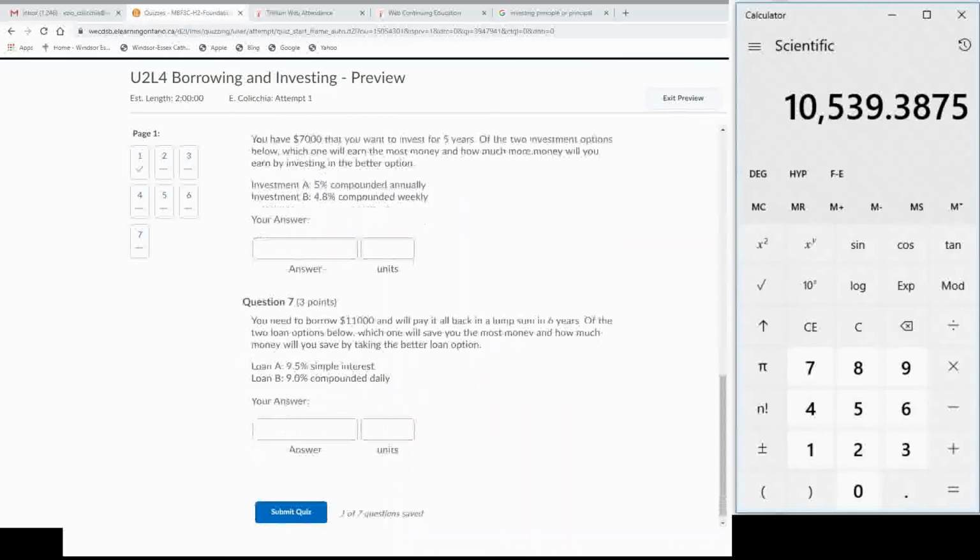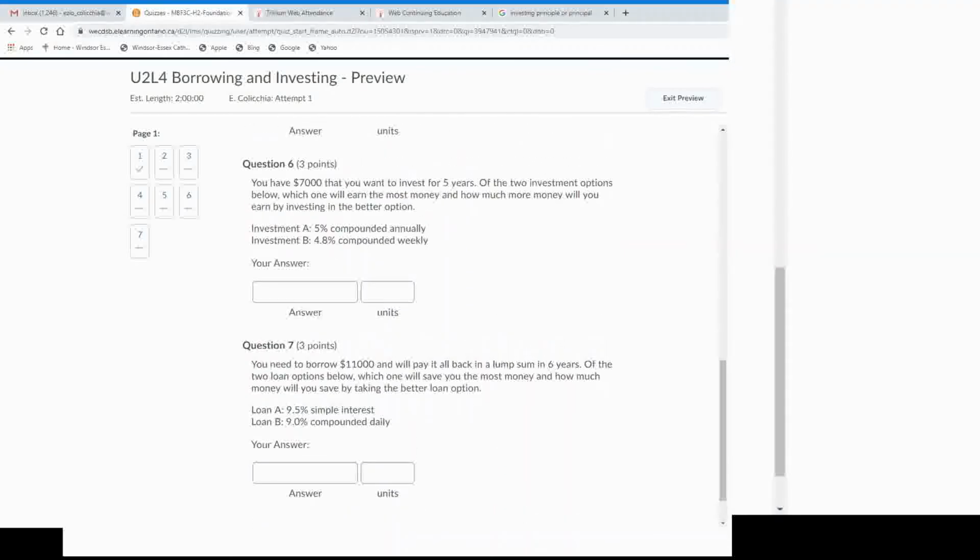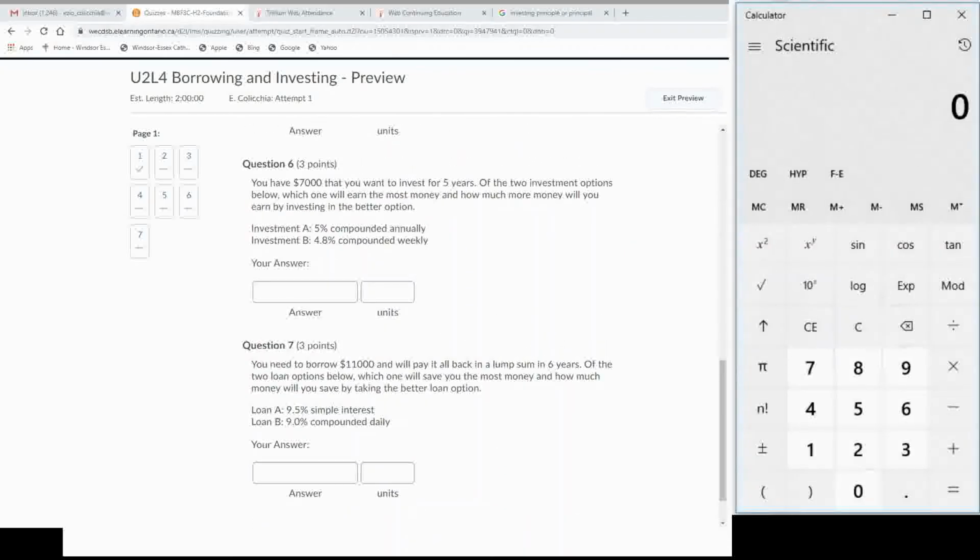What I want to show you next is the two bigger questions here. So let's do question 6. It says we have $7,000 and we want to invest this for 5 years. We have two investments. We're trying to determine which one is the better option. So let's compare the 7,000. Let's find out what it would be at 5% compounded annually. So 7,000 times 1 plus 0.05 to the power of 5.